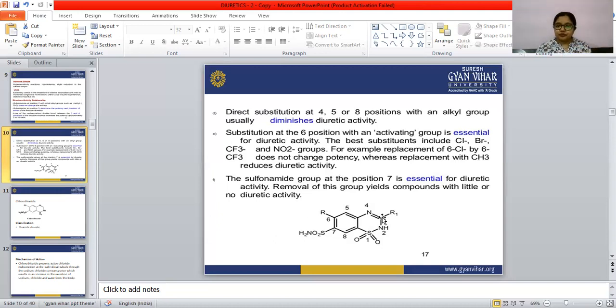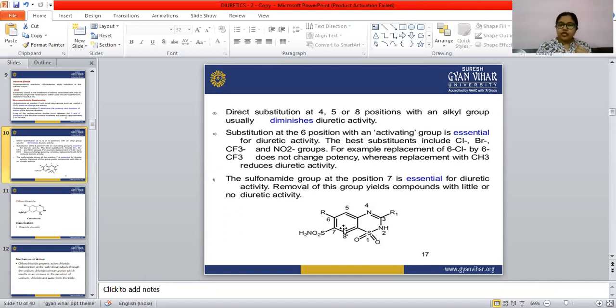If we substitute any group at the 4th position, 5th position, or 8th position, that decreases the activity. So the 4th, 5th, and 8th positions should be unsubstituted. At the 6th position, there should be a Cl group, Br group, CF3 group, or an NO2 group.